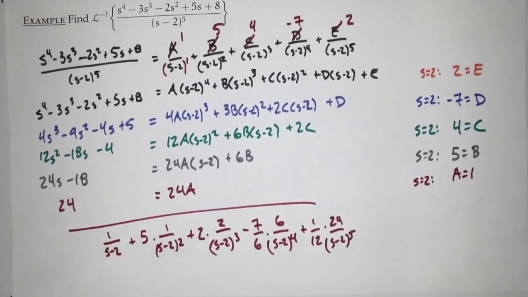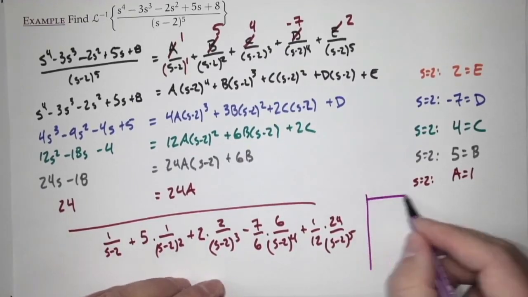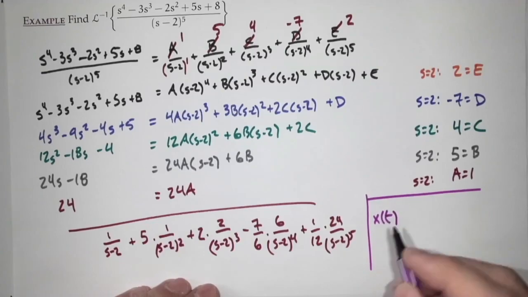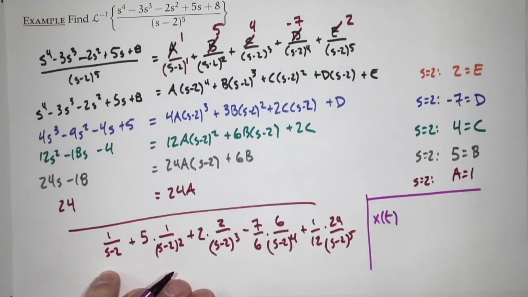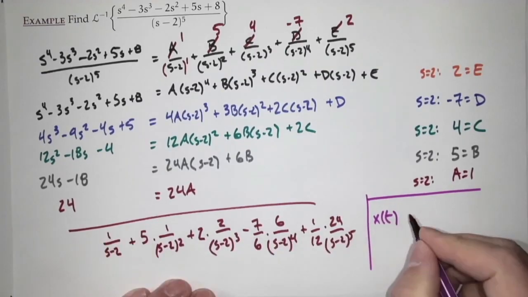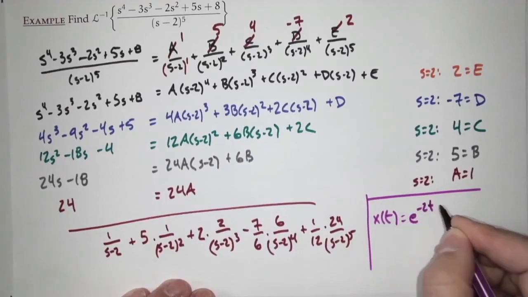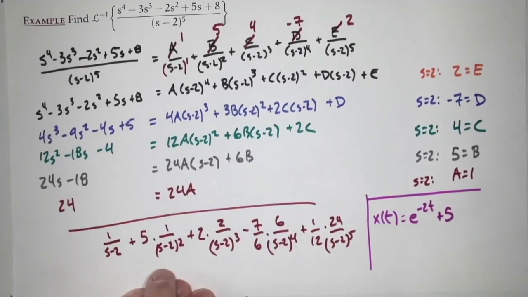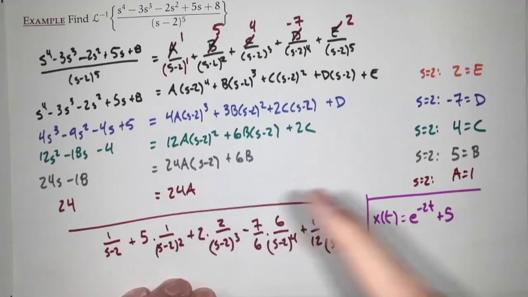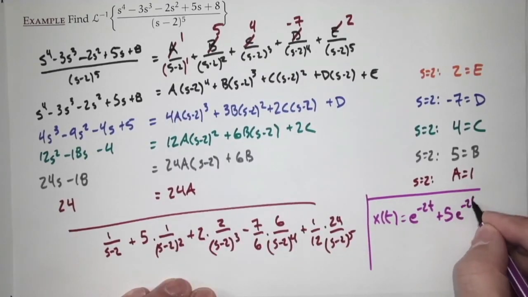Now we're ready to write down our answer, even though we don't have any space for it. So x of t: 1 over s minus 2 would become what? e to the 2t. Plus 5 e to the 2t times t.